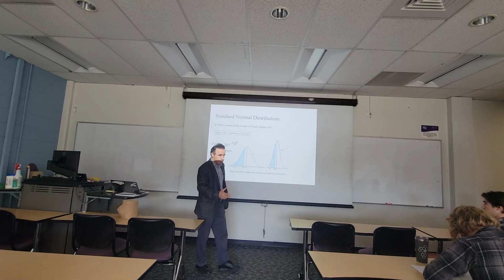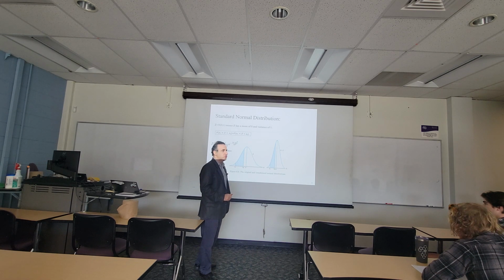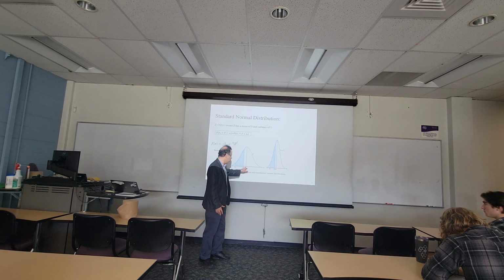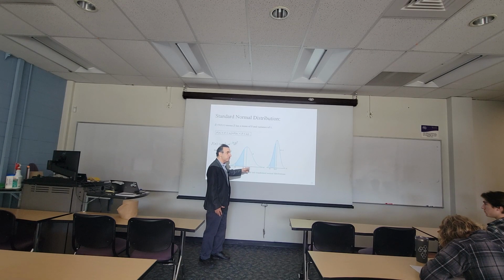What is a standard normal distribution? The average has to be 0. In your manufacturing process, you have a certain average. We want to transform this so that the average is going to be 0, right?